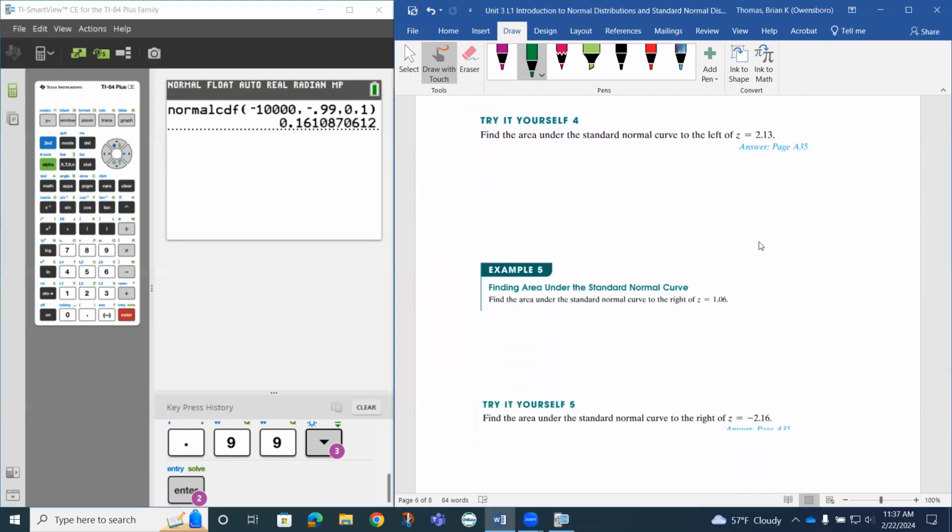If we look at another example, if I want to find the area of the curve left of 2.13, again I draw my graph. 0 is here, then we have 1, 2, and 3 standard deviations, and -1, -2, -3.